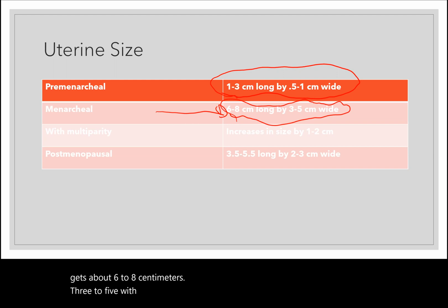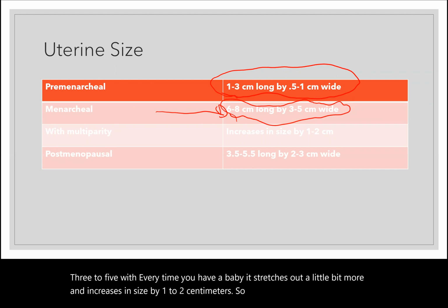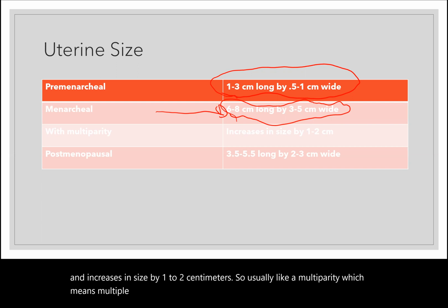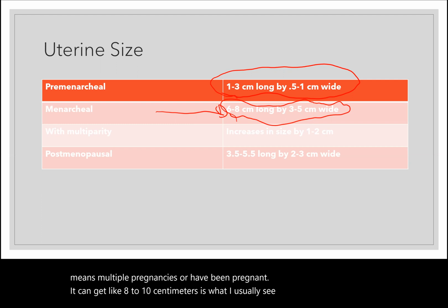Every time you have a baby, it stretches out a little bit more and increases in size by 1 to 2 centimeters. So usually with multiparity, which means multiple pregnancies, it can get 8 to 10 centimeters, what I usually see if they've had babies before.